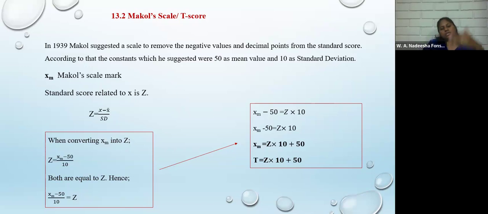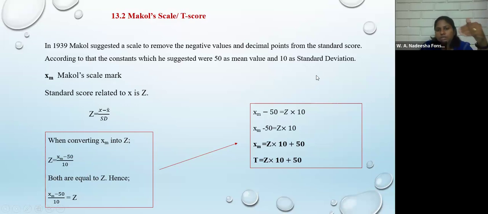Based on Z value, the equation for Z value is x minus x bar divided by SD. Based on that, we substituted McCall's values. So Z equals XM, McCall's mark, minus, instead of x bar, the mean value. McCall's mean value is 50.